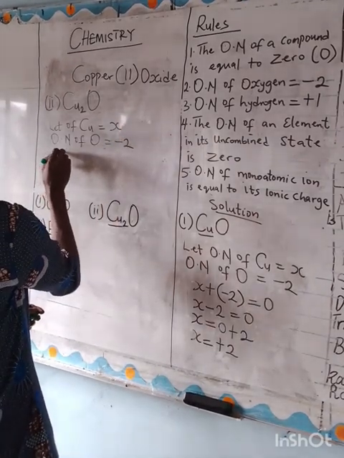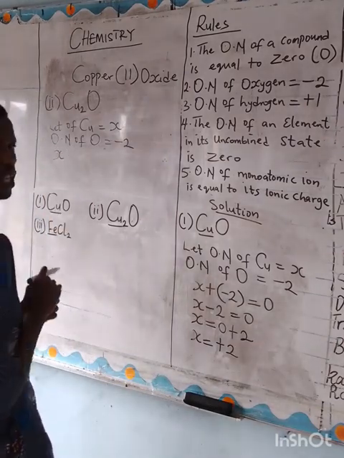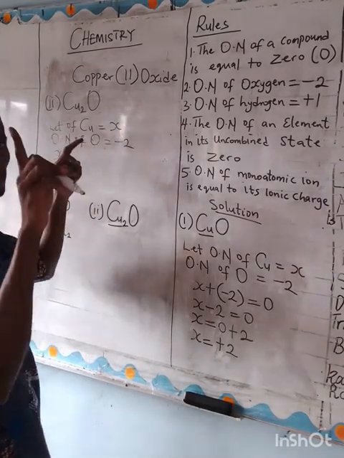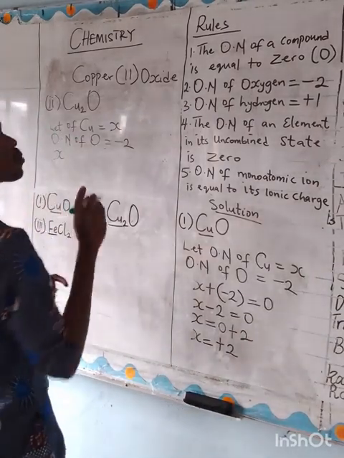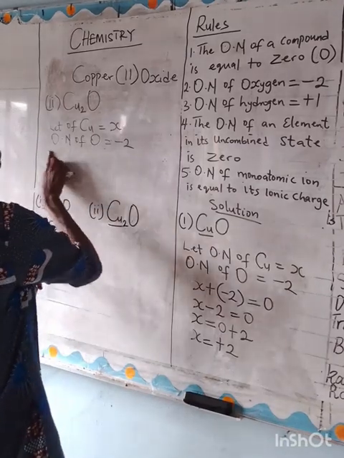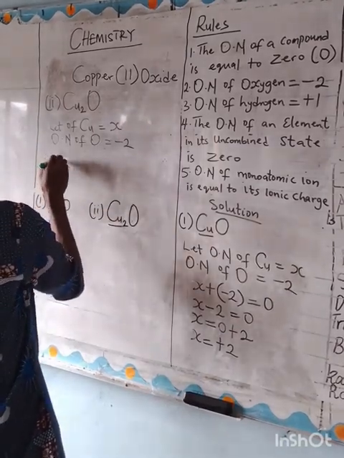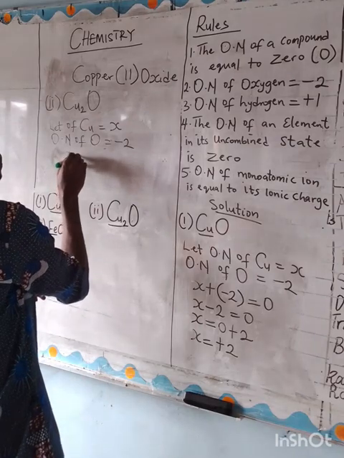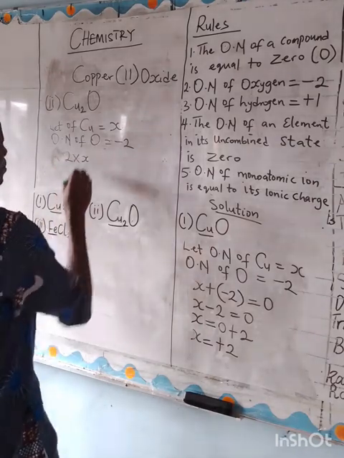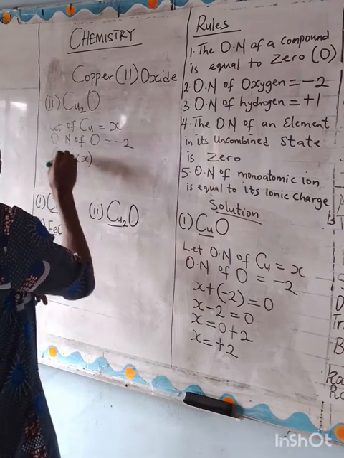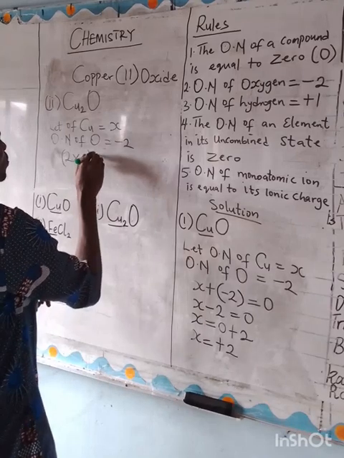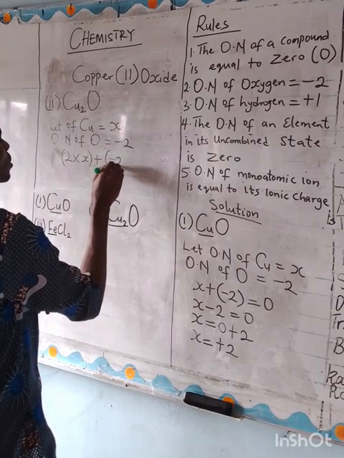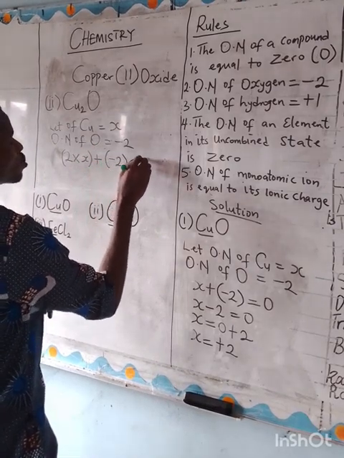It becomes X. Is that so? No. How many copper do we have? You have copper 2. So it is not going to be X. It is 2 times X. Then plus the oxidation number of oxygen, which is minus 2, equal to 0.